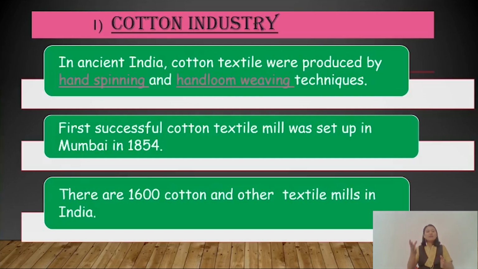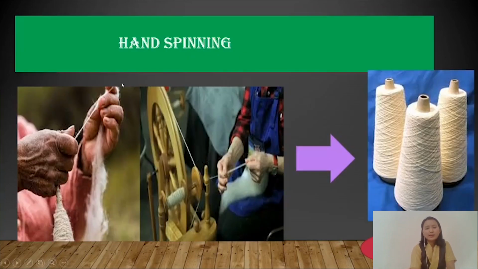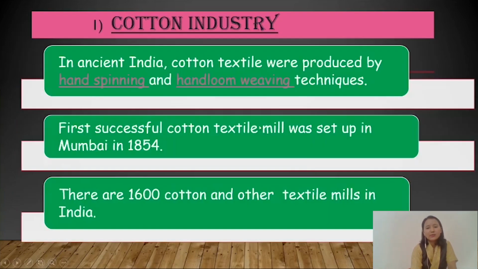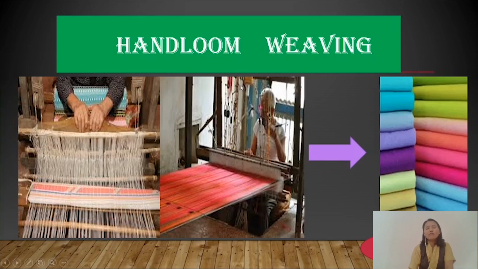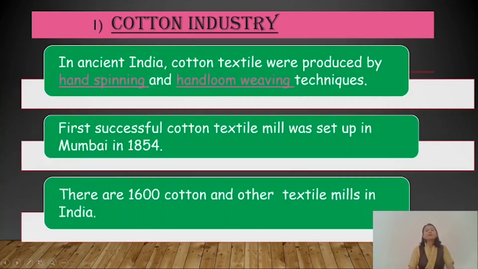With the help of hand, they spun the cotton balls and converted them into yarn. Further, the yarn was converted into fabric by weaving or knitting. Once we get the fabric, cotton clothes were made from it.